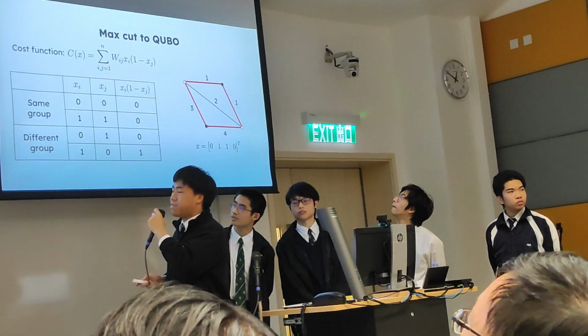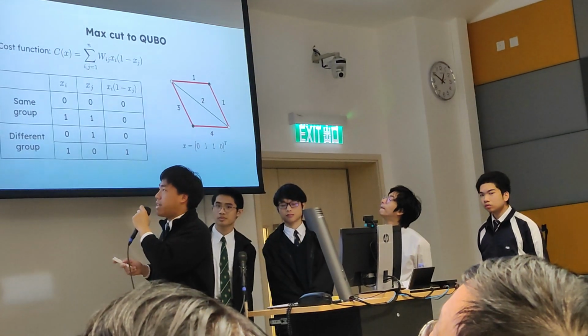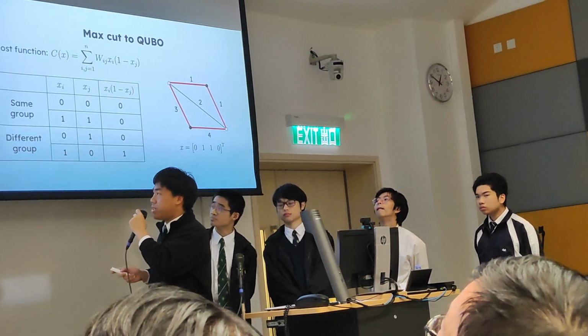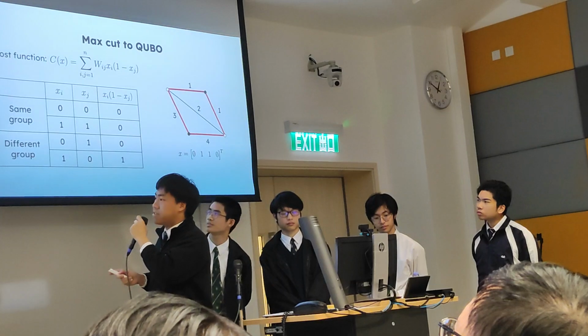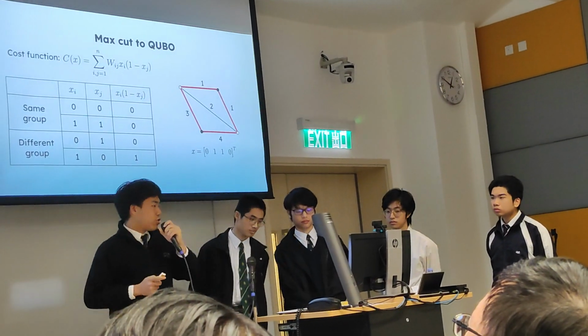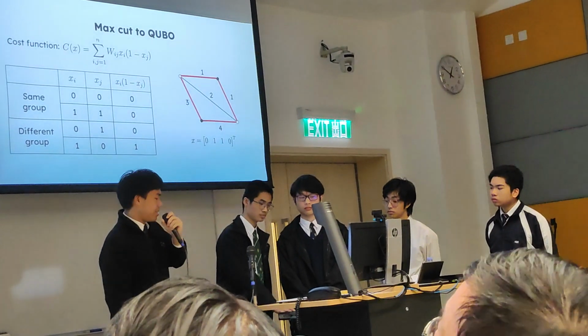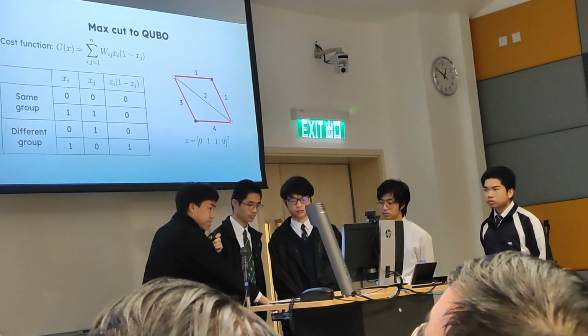So this satisfies our objective, which is that the edges between 2 different groups of vertices are cut. And so the cost function is basically the sum of all edges cut.